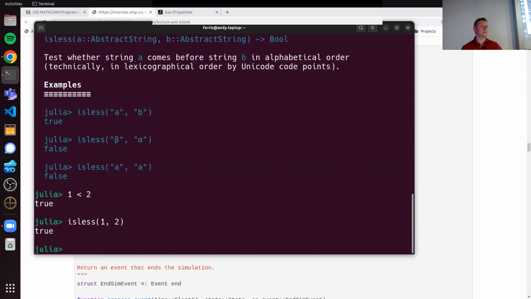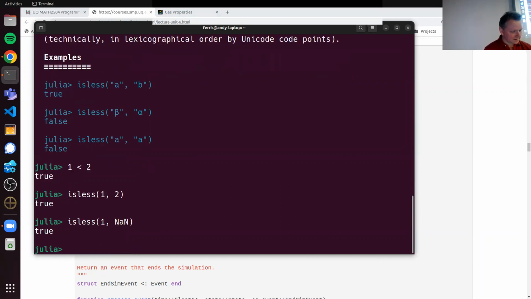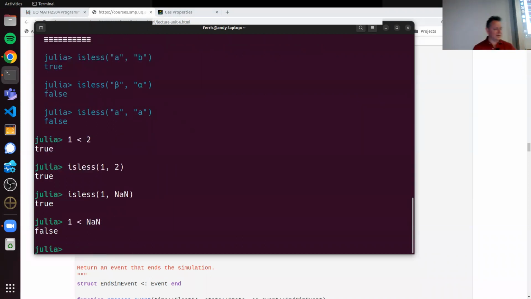It's a little bit different in a couple of very small corner cases. When the IEEE 754 standard was released, it was always said that comparisons with NaN always returned false.